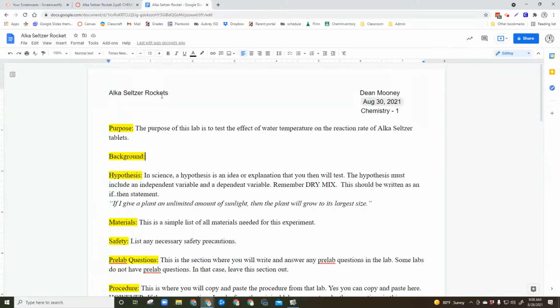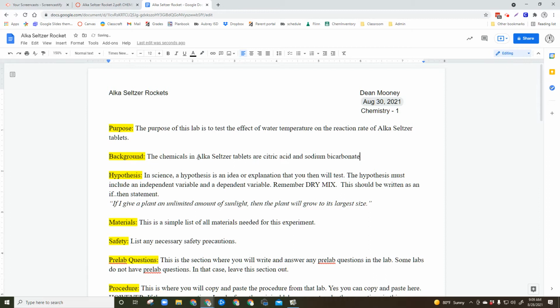So I'm going to go over to my lab here and I'm going to start writing this. So the chemicals in Alka-Seltzer tablets are citric acid and sodium bicarbonate.